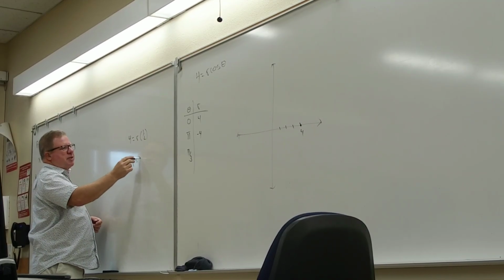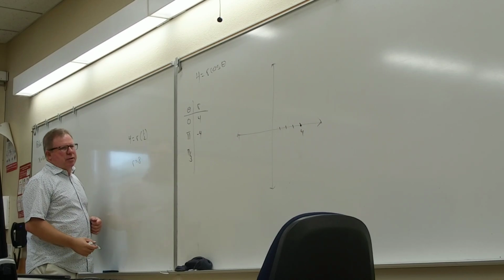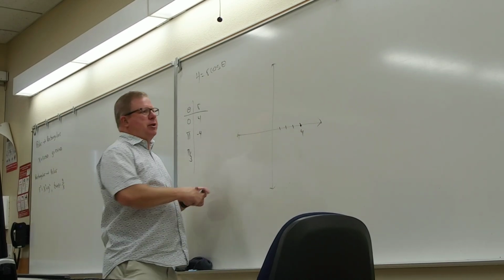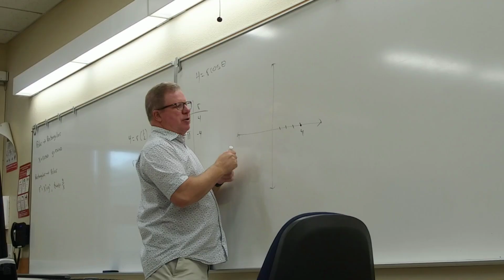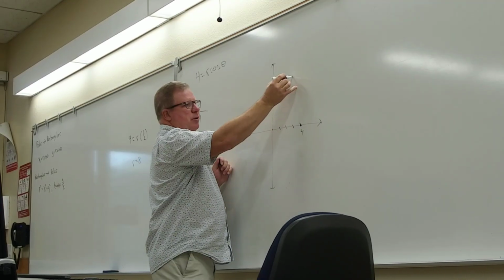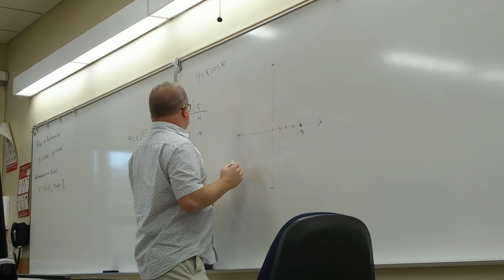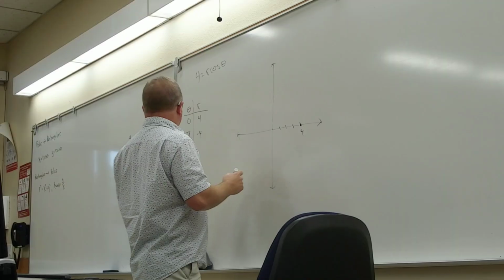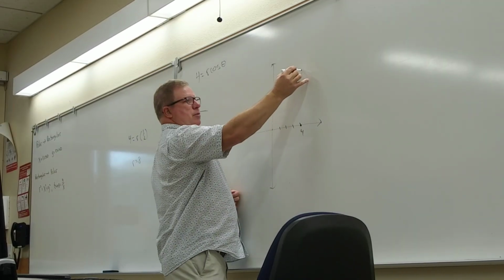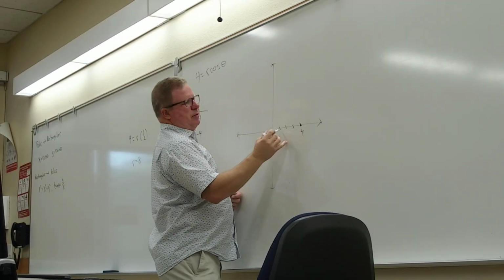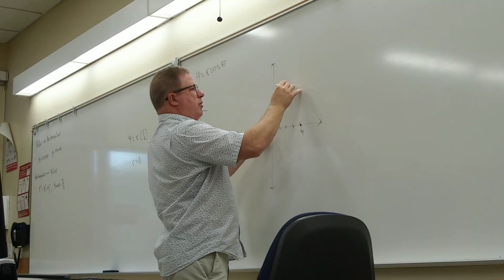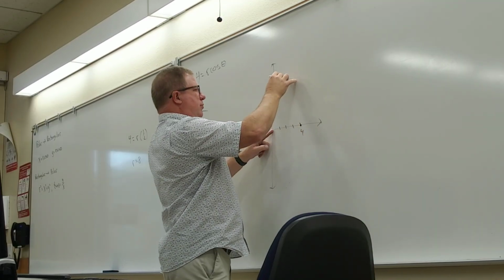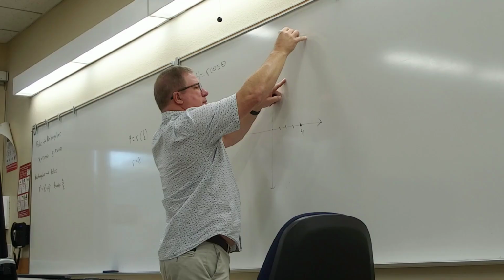Multiply by 2 and r is going to equal 8. So at pi over 3, 60 degrees, we're going to be 8 away from the origin. There's 4, double that, we're going to be out here somewhere, huh?